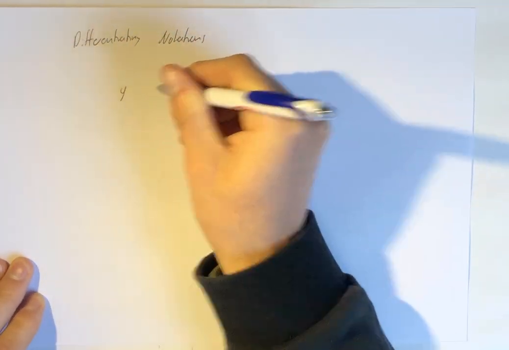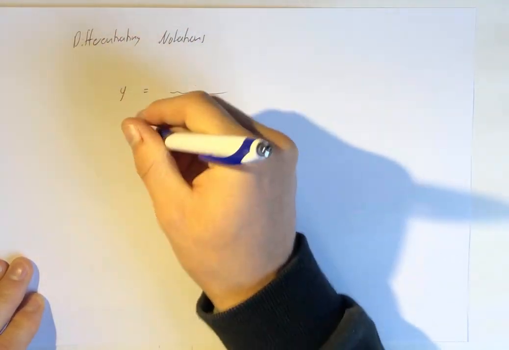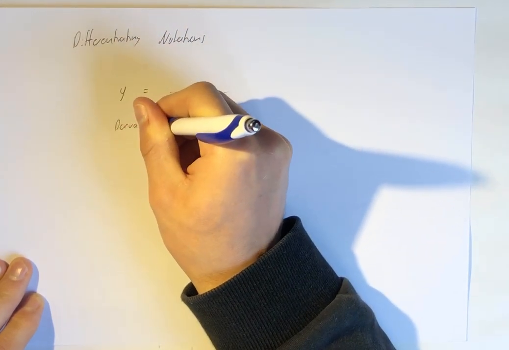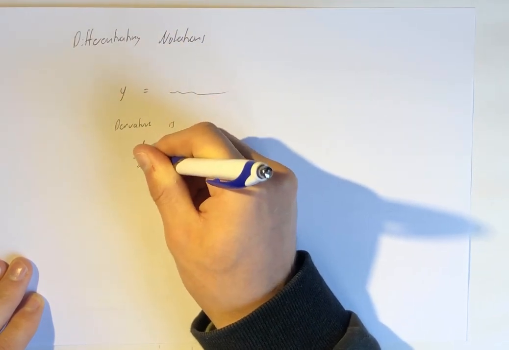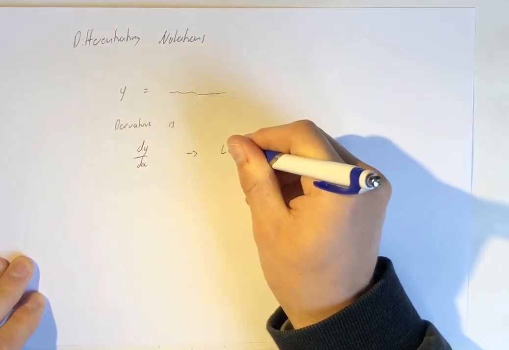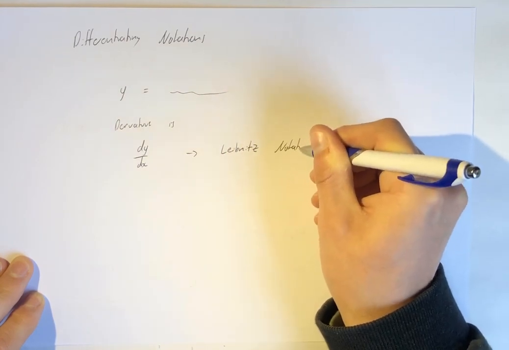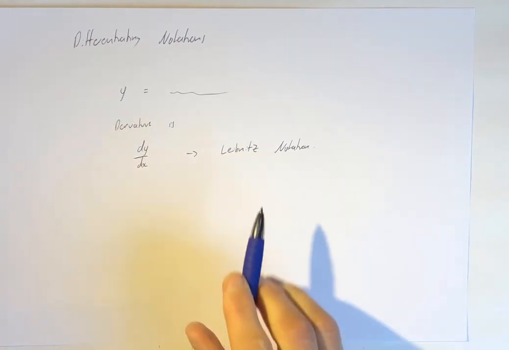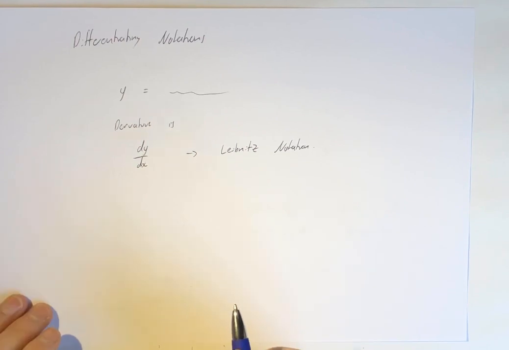If it was y equals some function, then the derivative is dy dx. And that is, I'm going to spell it wrong, Leibniz notation. So Leibniz was a man who invented calculus, supposedly at the same time that Isaac Newton invented calculus.